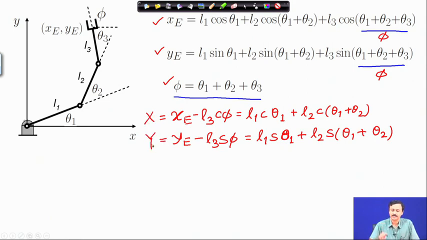I call them capital X and capital Y. So, capital X and capital Y are completely known because x e and phi are known to me. So, the problem now boils down to finding out theta 1 and theta 2 given capital X and capital Y.